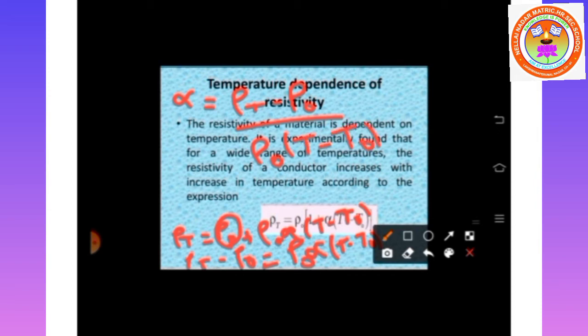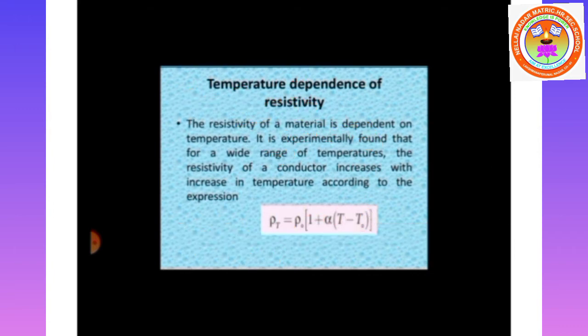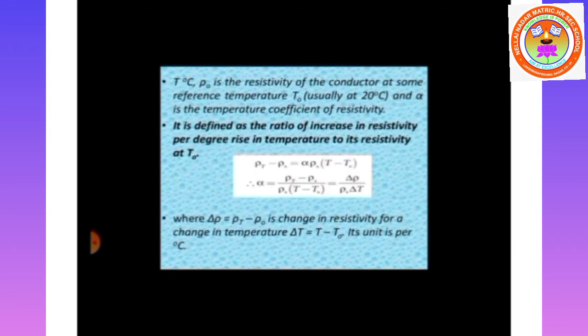Okay students, so this is the value of the temperature coefficient. Here the temperature coefficient is given by alpha is equal to rho T minus rho naught divided by rho naught into T minus T naught. What is the meaning of rho T minus rho naught?